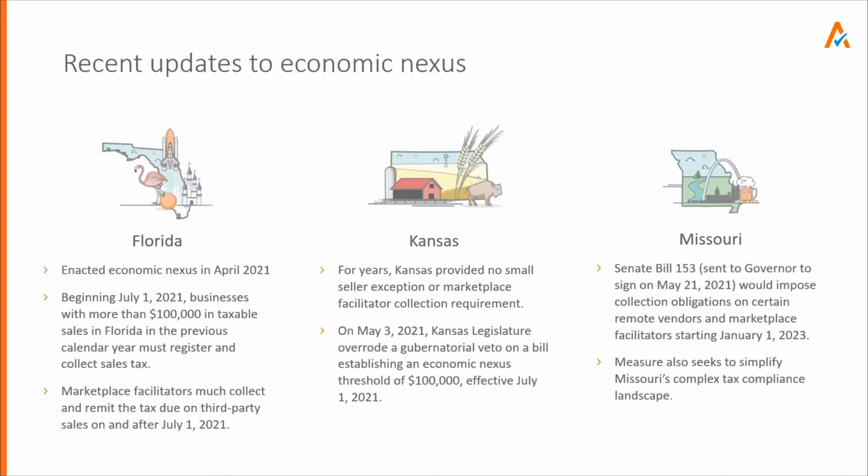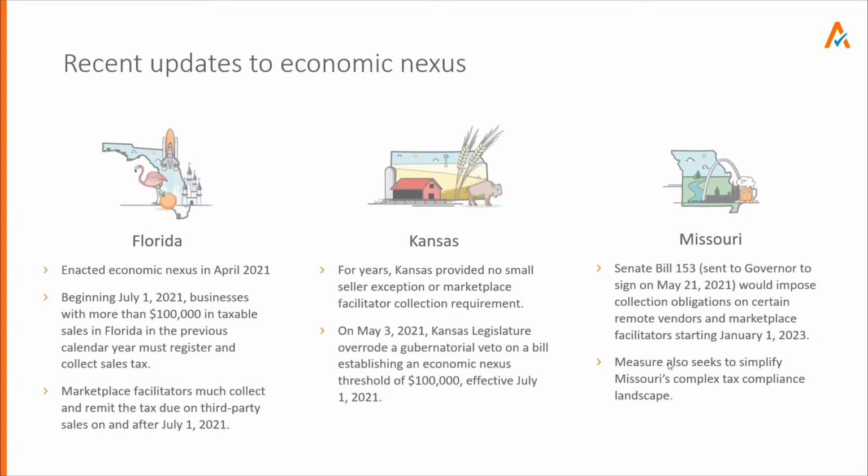And then finally, Missouri, there's been a Senate bill that was sent and was anticipated to be signed on May 21st that would impose collection obligations on certain remote sellers and marketplace facilitators starting January of 2023.